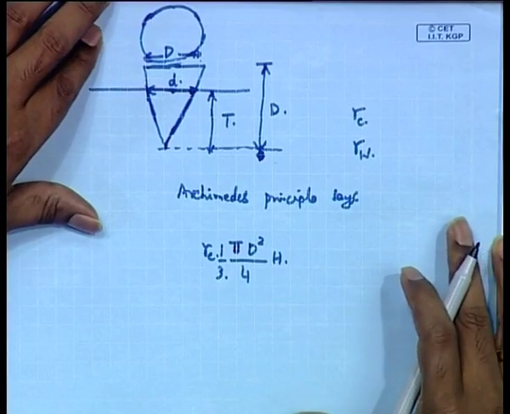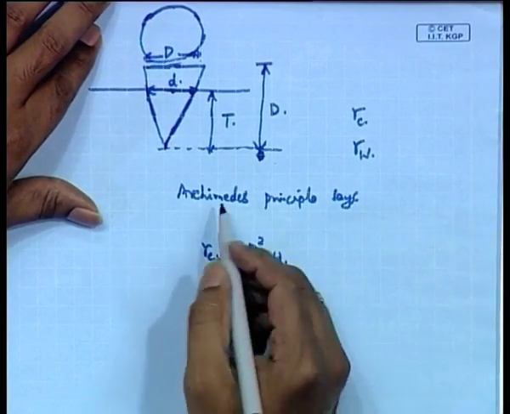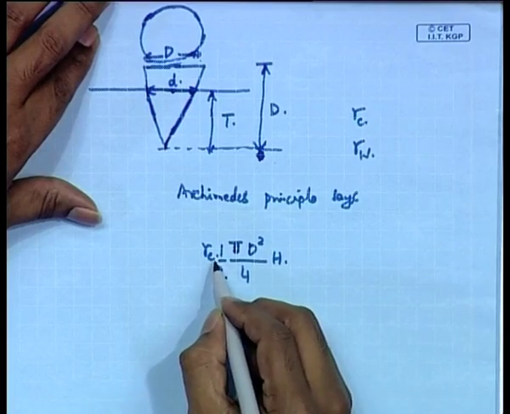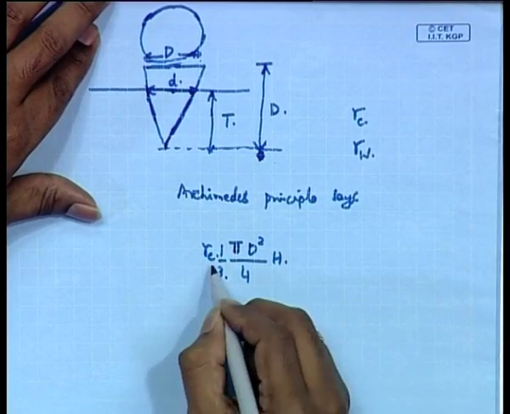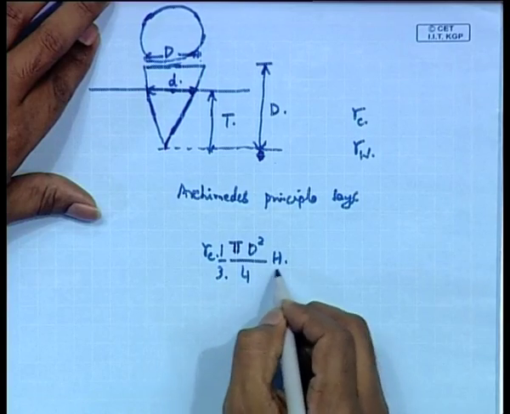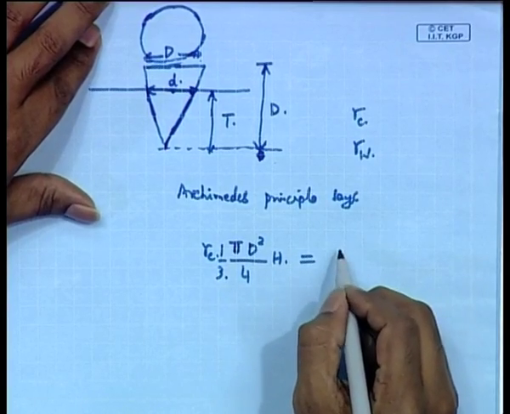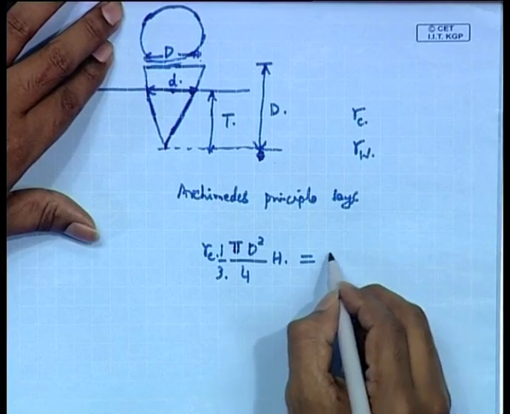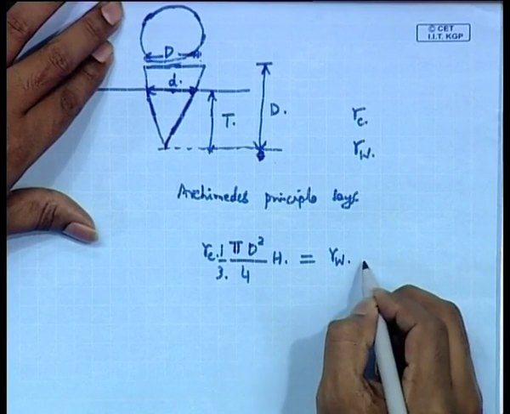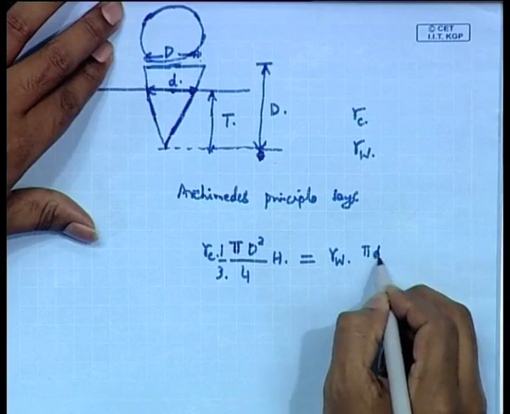These kind of things it is better to remember when you are studying this section. So, Archimedes principle says that the weight of the cone, that is gamma c into 1 by 3 pi d square by 4 h, is equal to the weight of water displaced, gamma w into pi.